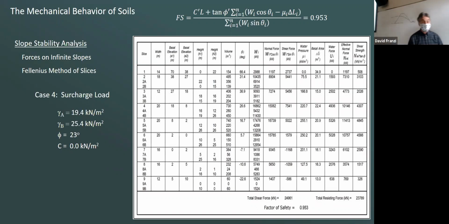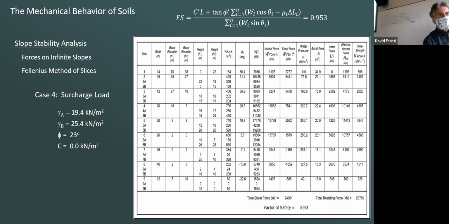You can do as many as you want if you've got a big enough spreadsheet. Spreadsheets can hold a lot of information, and you can do these very quickly. The only thing you want to do is figure out some way to search for the minimum factor of safety if you're actually doing this. That's what these other limit equilibrium programs do.